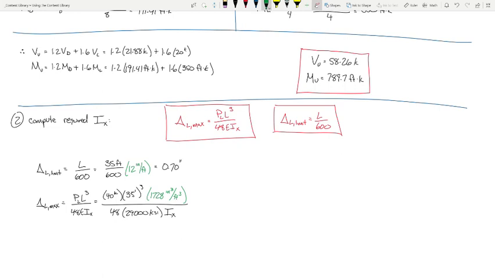So what I'm ultimately doing is I'm saying that delta L max has to be less than or equal to delta L limit. So 0.70 inches has to be less than or equal to all of this.